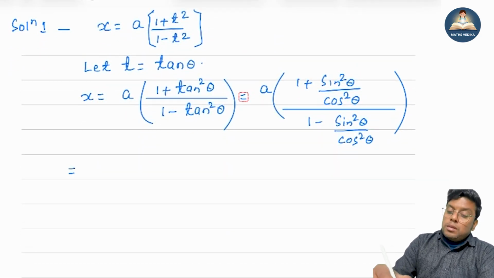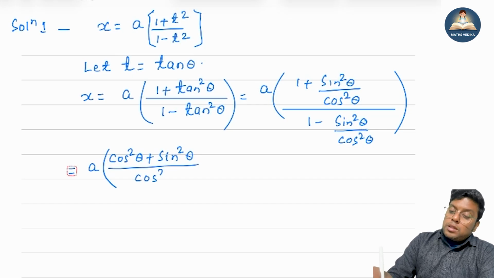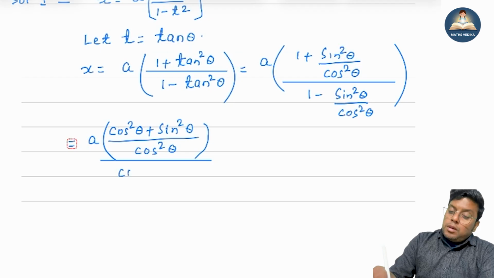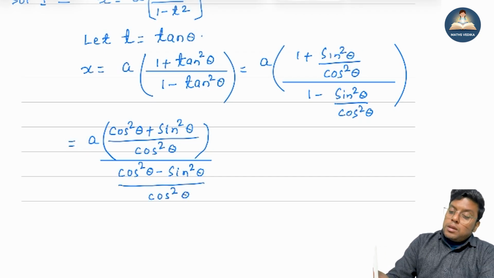This is equal to a into (cos square theta plus sine square theta divided by cos square theta) by (cos square theta minus sine square theta by cos square theta).